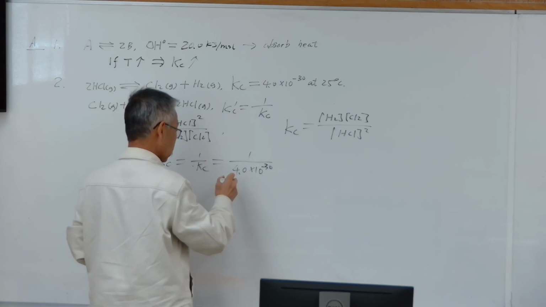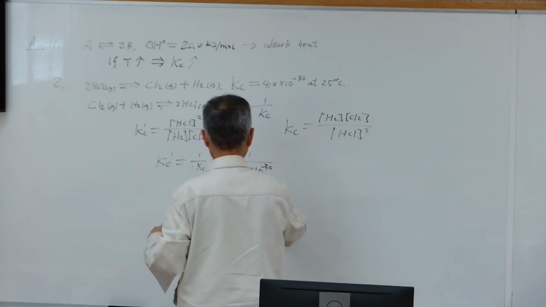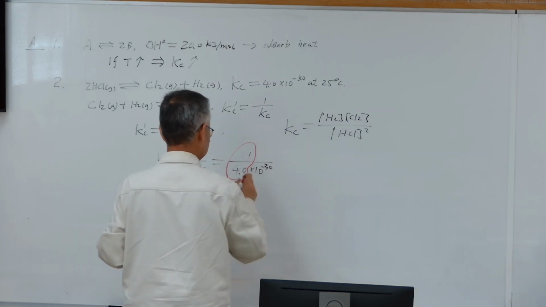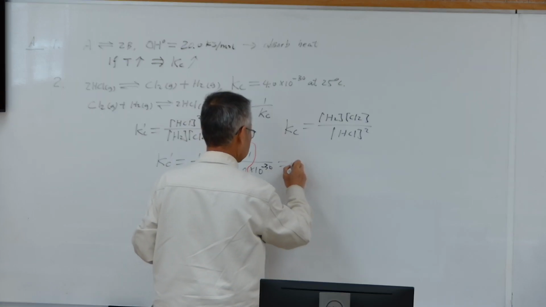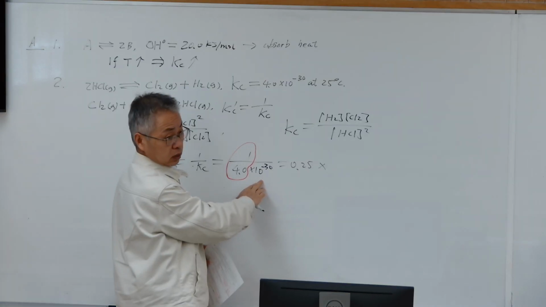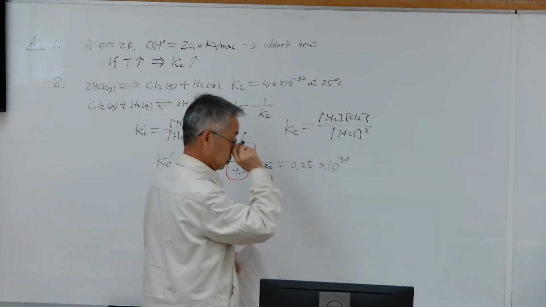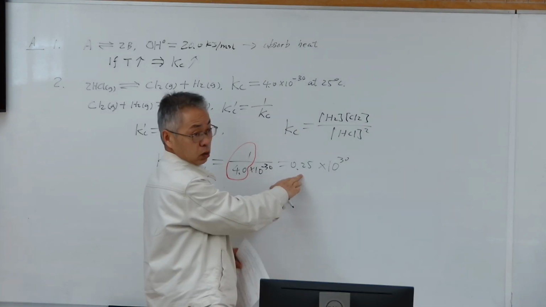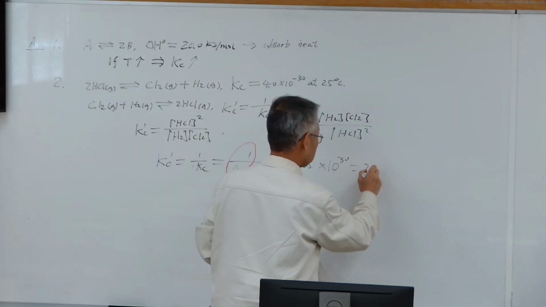Use your calculator to find the value of 1 divided by 4. It's clearly 0.25, right? And 10 to the negative 30 in the denominator becomes 10 to the positive 30. Then this is less than 1, so we need to move 1 decimal place. So it becomes 2.5.